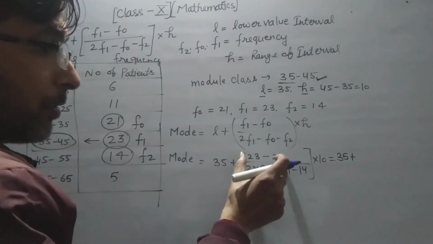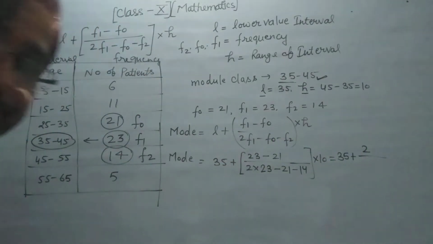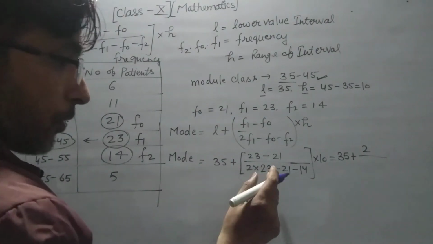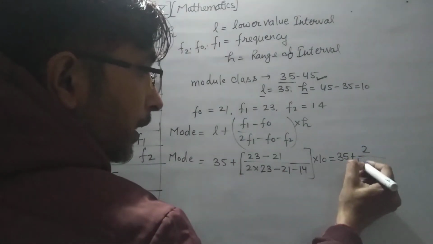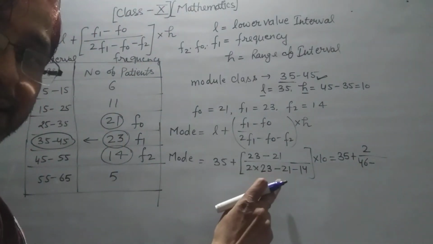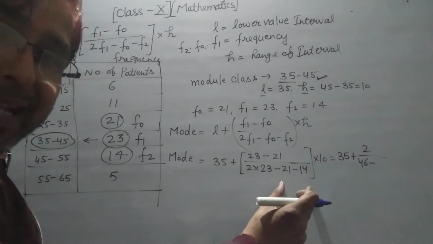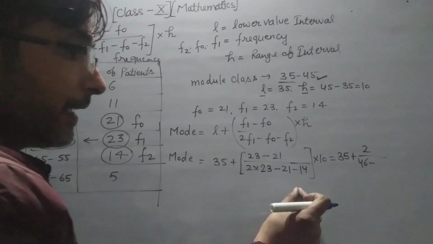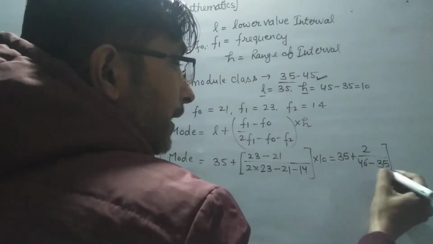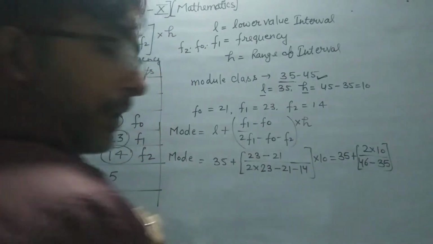Then you have to solve this. The value 35 stays, and 23 minus 21 is 2, upon 2 into 23, which is 46, minus these two values, which have a minus sign, so you add them and it converts into 11. Then you multiply 2 with 10.